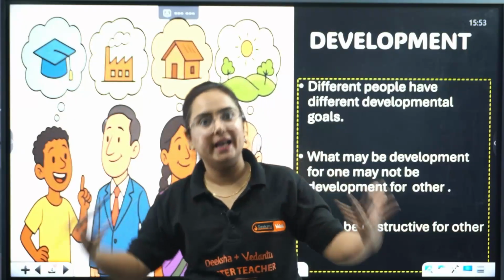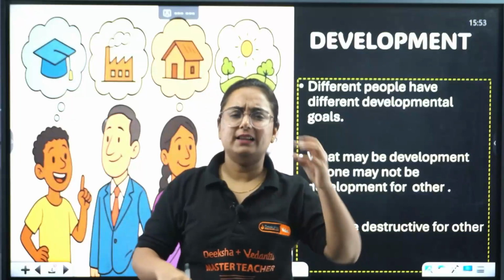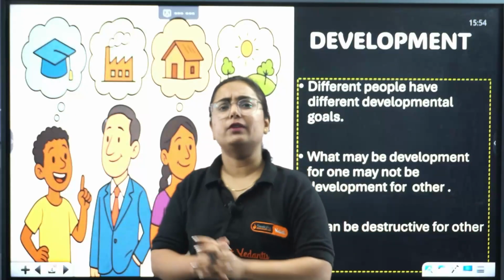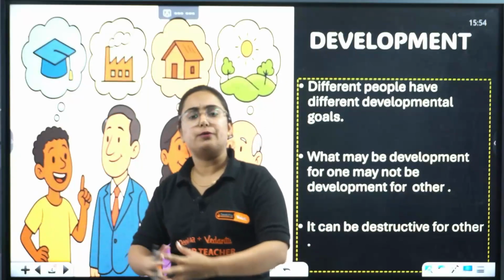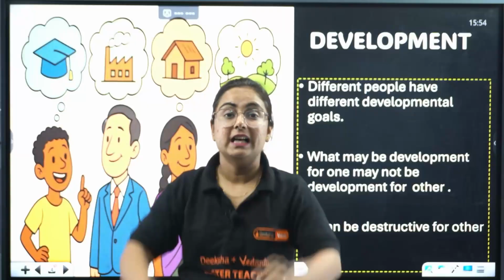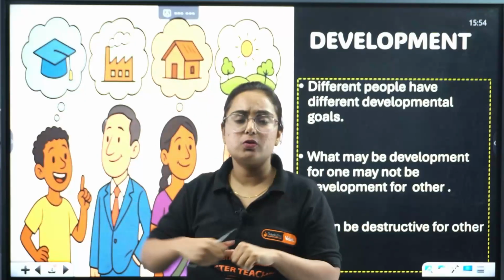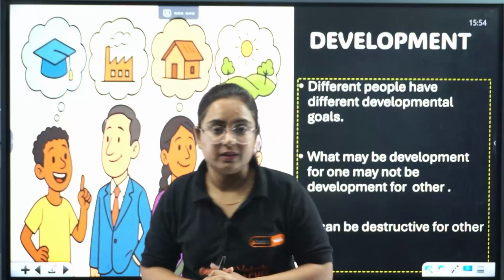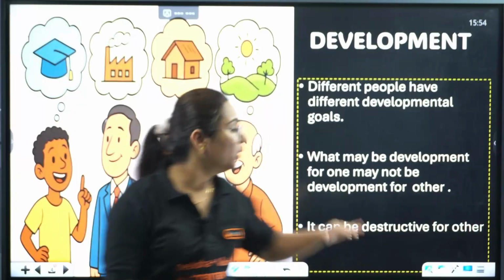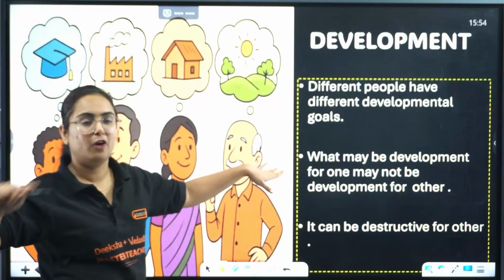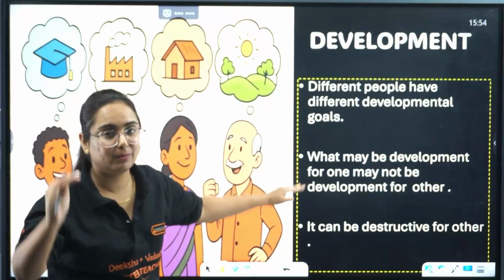He should be paid enough by that work so that he can eat, sleep and have a good livelihood. However, there is a big, large landowner farmer in the village. What might be the developmental goal of this person? That I can send my children out to study. I can build a big home. This might be the developmental goal. So what may be development for one may not be development for another. This you should keep in mind.